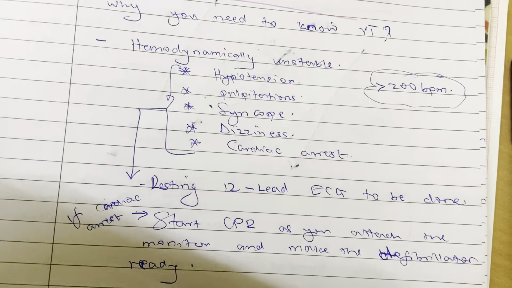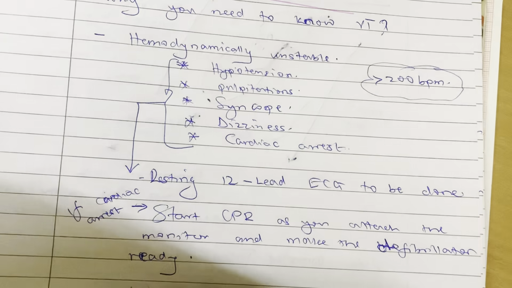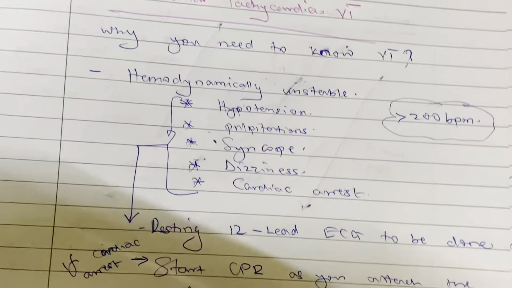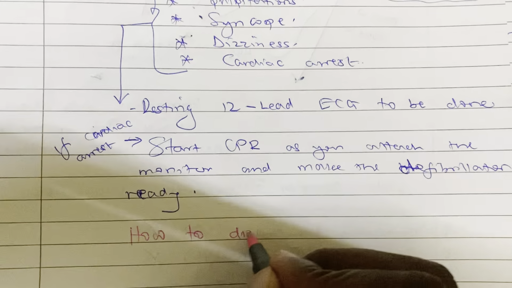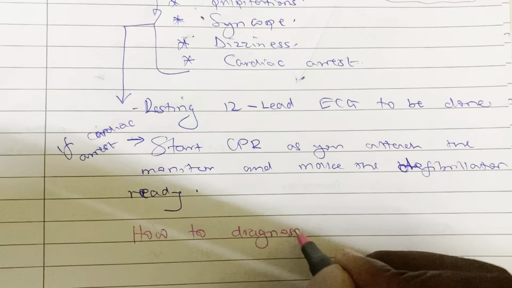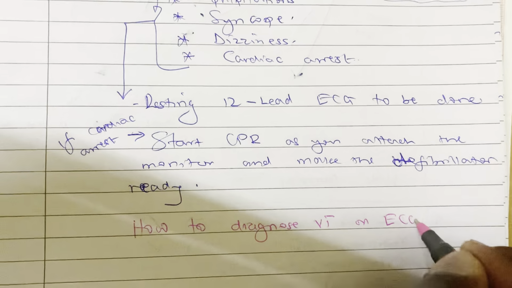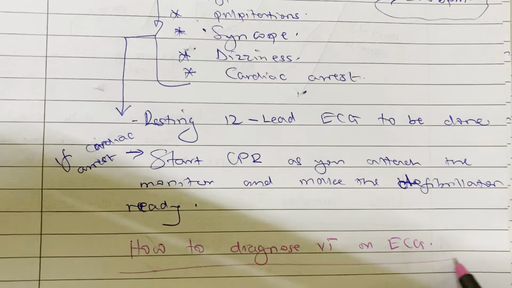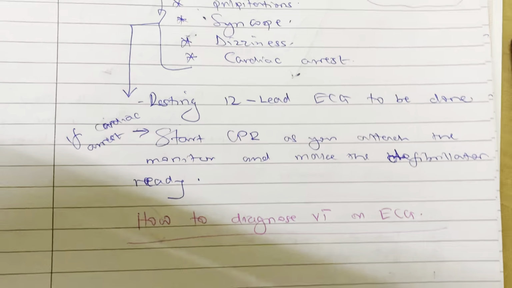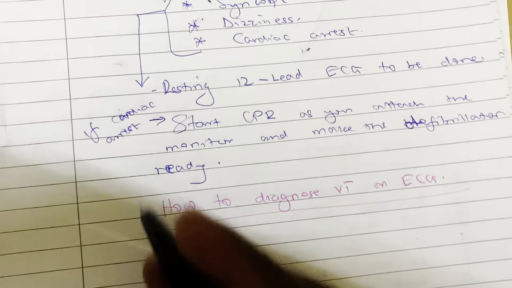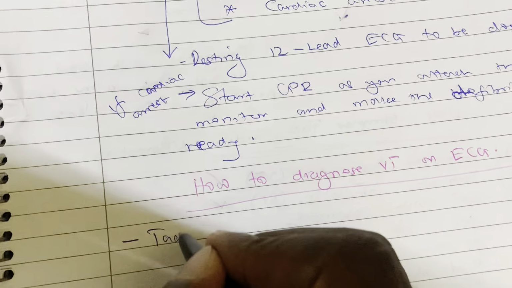So how to diagnose VT on the ECG? This is the main thing. How to see VT on the ECG. We have already mentioned some of the things. First, you need a tachycardia.